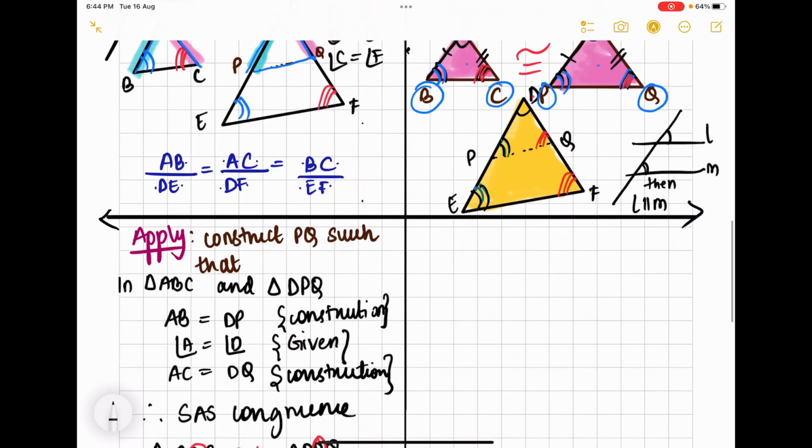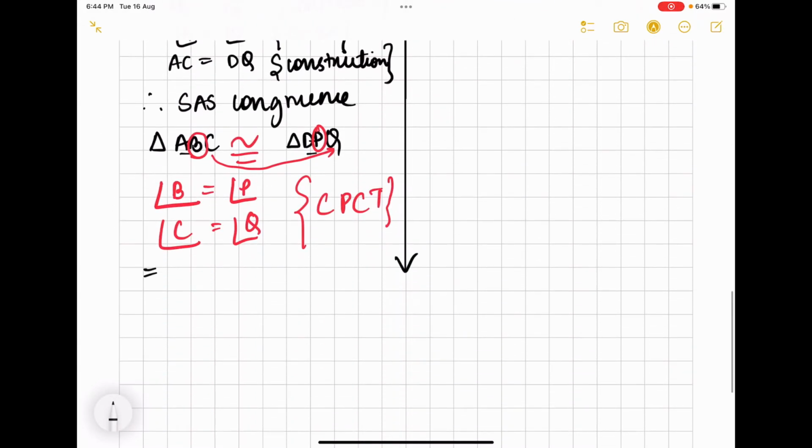Okay. Now because this is equal to this, if you see that if I extend this line here, extend this line, it looks similar to this, right? And I got this angle equal to this angle, just like this angle equal to this angle. So this line has to be parallel to this. This implies PQ is parallel to EF.